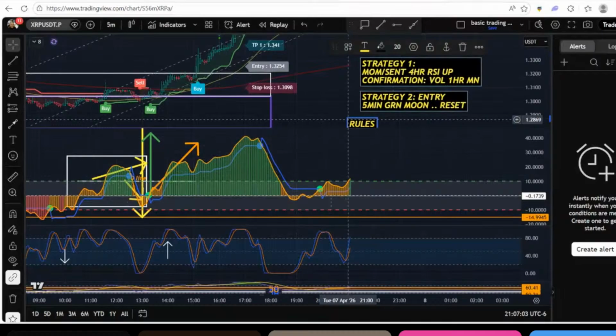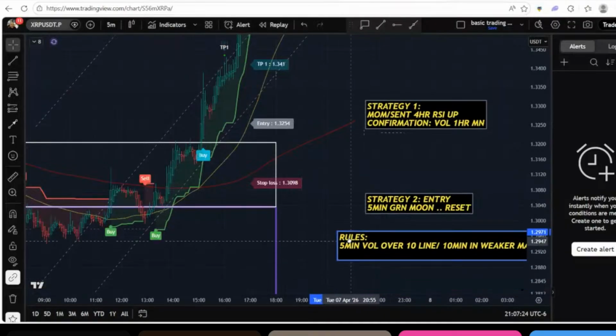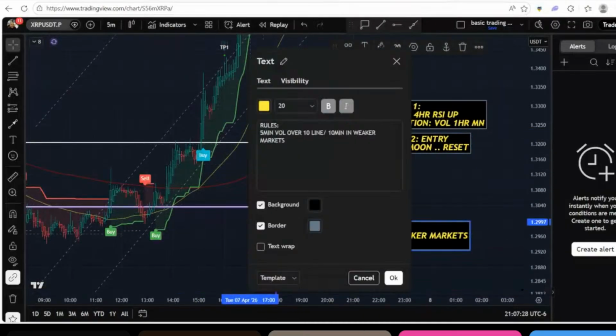So 5 minute volume over 10 line, 10 minute in weaker markets. That's a rule that we can put in play so that you always have that in the back of your head. So 5 minute volume over the 10 line, 10 minute in weaker markets.